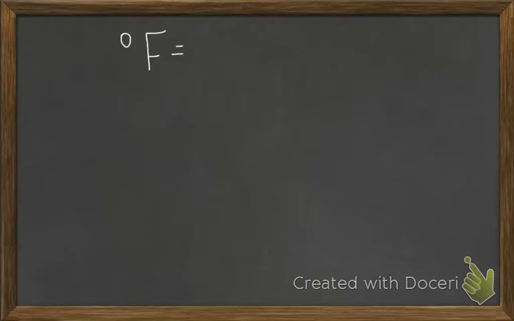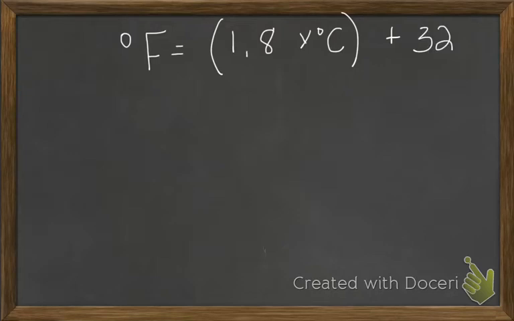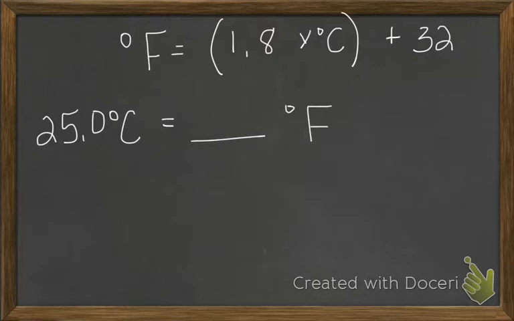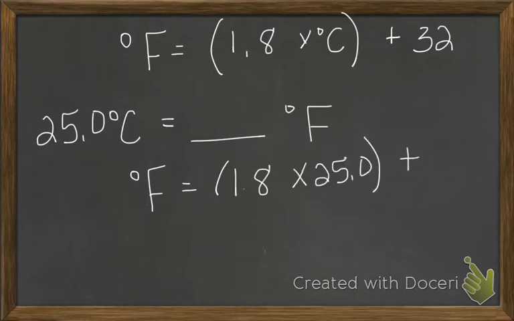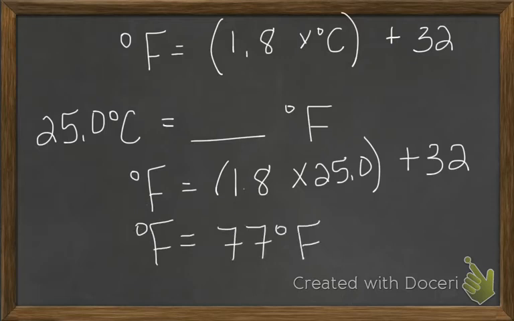Degrees Fahrenheit is equal to 1.8 times the degrees Celsius plus 32. So if the temperature is 25.0 degrees Celsius, and I want to convert that to Fahrenheit, I plug in the 25 for the degrees Celsius, enter it in my calculator, and I will have that my Fahrenheit temperature is 77 degrees Fahrenheit.